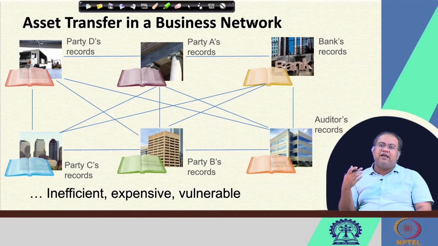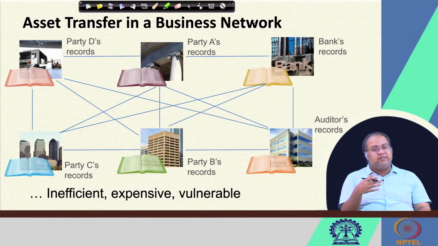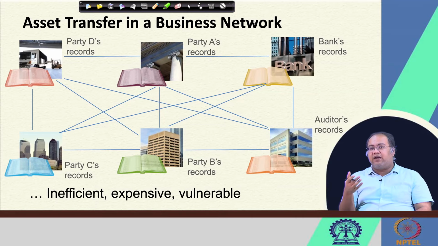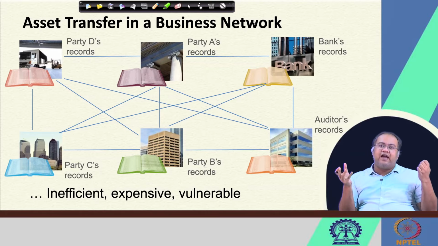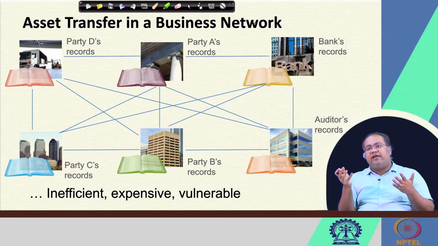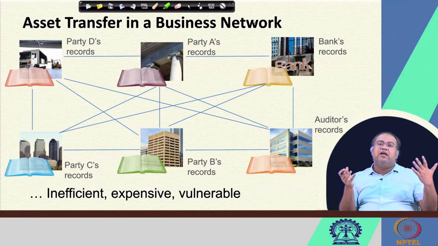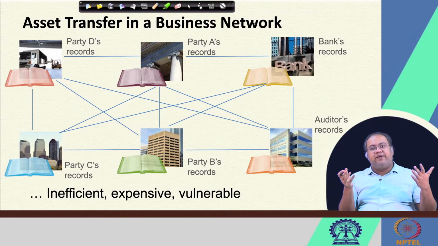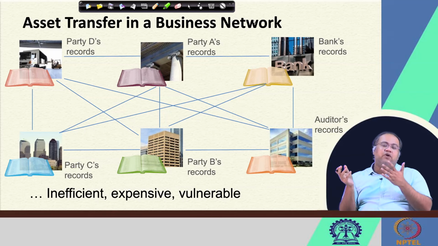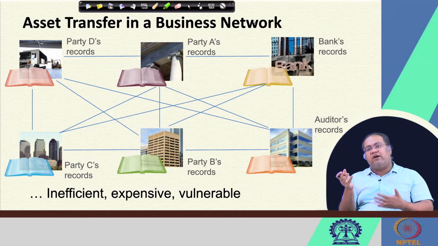So, this is an inefficient process which is also expensive and vulnerable, because multiple parties are involved. Their assets, here in terms of the financial records, the transaction records and the transaction history, are shared between individuals and then with the auditor, where the auditor manually verifies all those records to find out whether there is any fraudulent behavior.